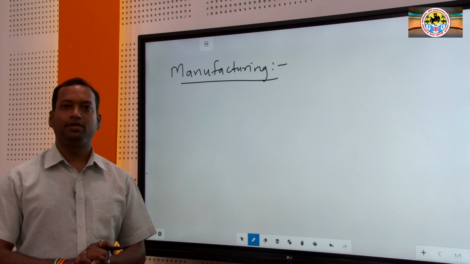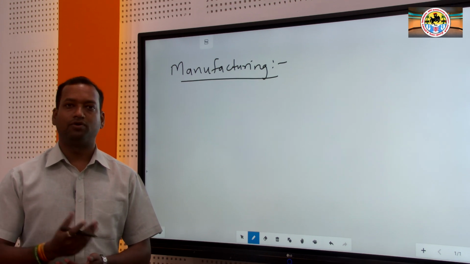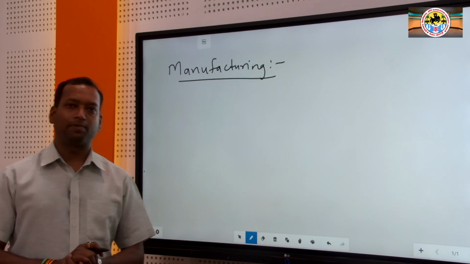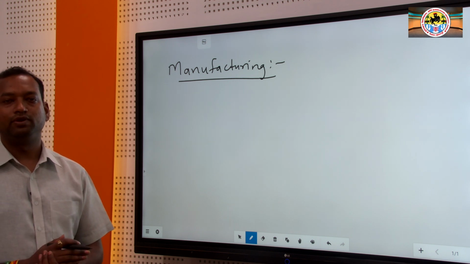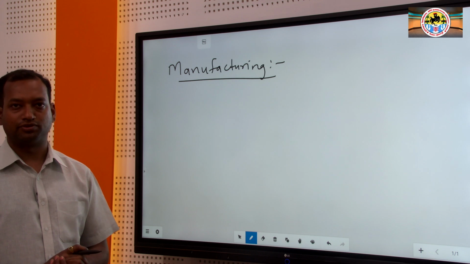Something we find in a raw form, we apply some process to convert it into a finished part, and that is treated as a manufacturing process.